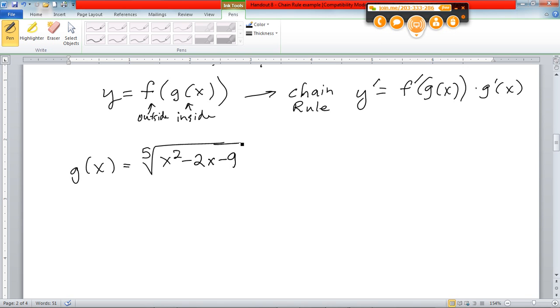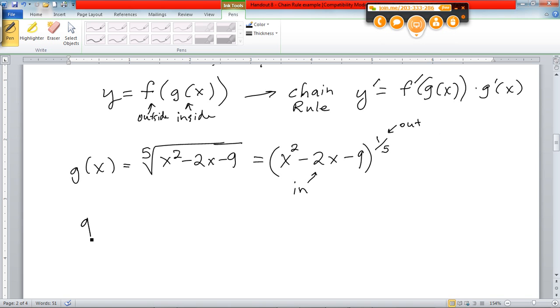And again, if you have these root ones, it's probably best to write it as a power. How would I write the fifth root as a power? It's the 1/5 power. So it's x squared minus 2x minus 9 to the 1/5 power. So hopefully you see here, I do have an inside and outside. What's the inside? Well, x squared minus 2x minus 9 is the inside, and then the 1/5 power is my outside function, if you will.